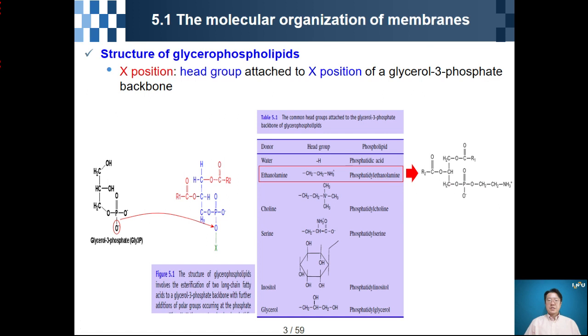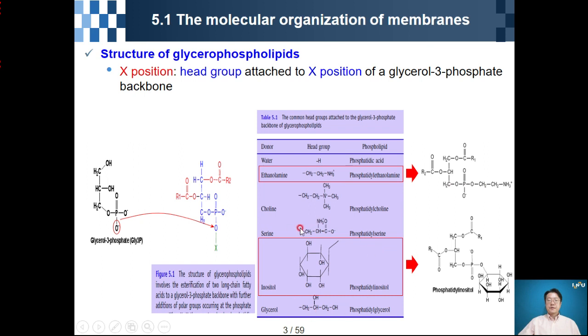Another example is inositol. So this is the inositol. This head group is attached to the X position, and after it is attached, we call it phosphatidyl inositol.